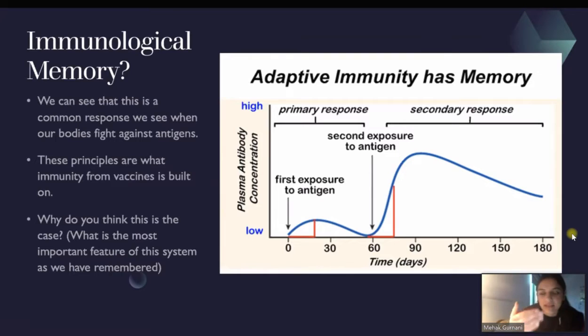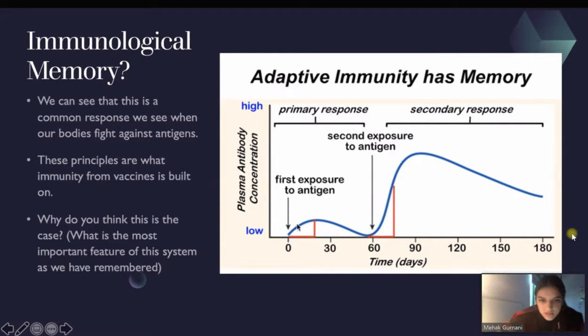We said that innate immunity takes a few days, but the second part of immunity takes at least a few more days than the first part to fight against this antigen or pathogen. So the first time we come in contact with the pathogen, your body takes some time to build antibodies and to basically build a response against it.